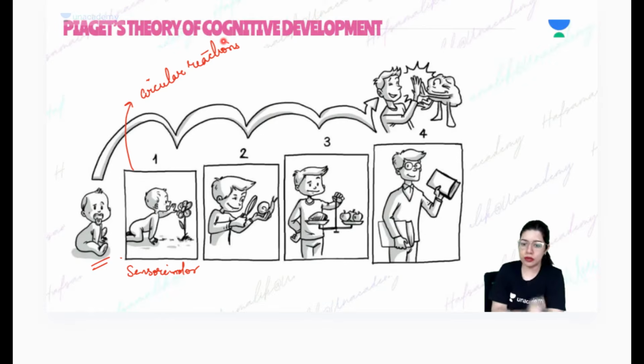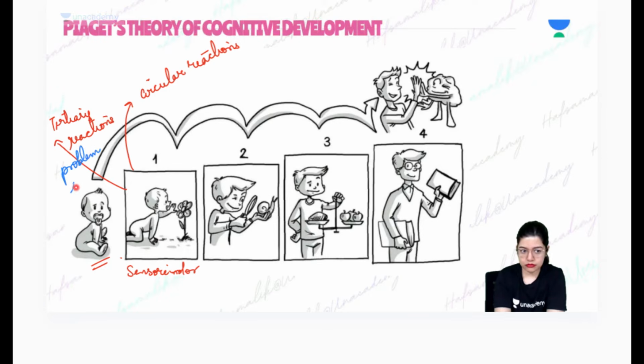Okay, so it is purposeful behavior, problem solving behavior we say. So we will note down here, tertiary reactions में क्या होता है? Can I say problem solving behavior? I can say problem solving behavior.